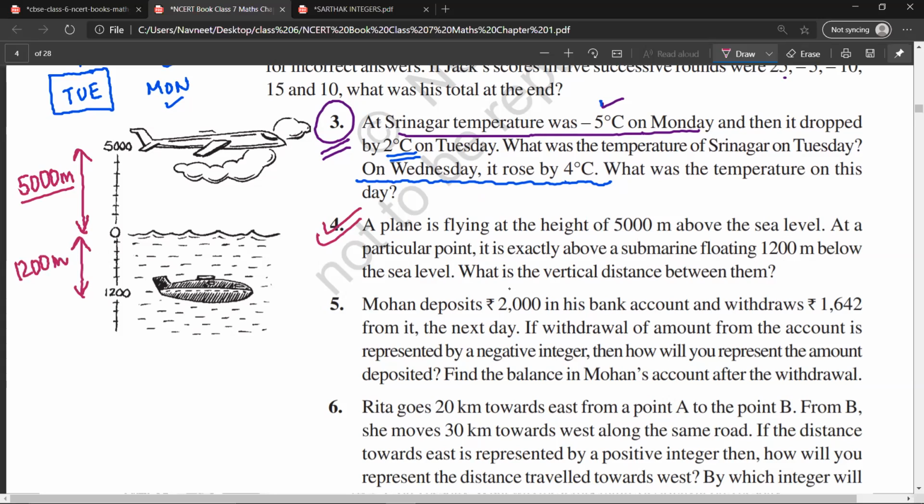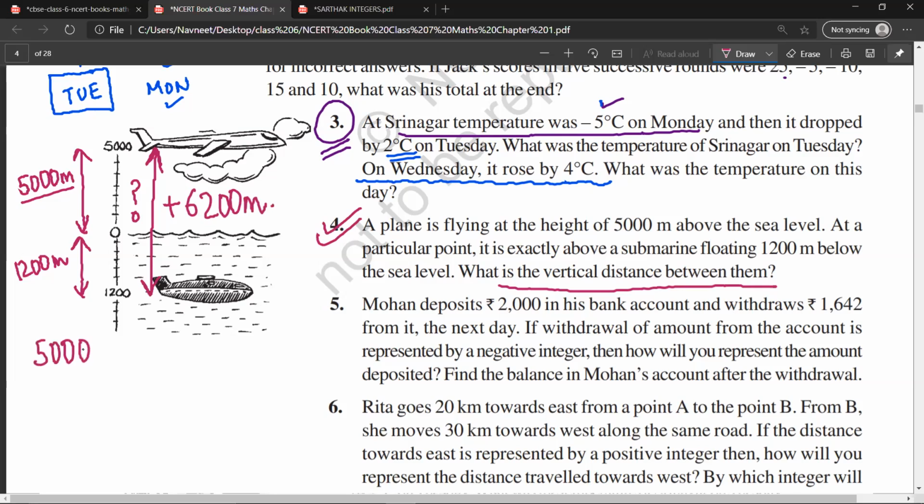What is the vertical distance between them? Plus 6,200 meters. Shabash.